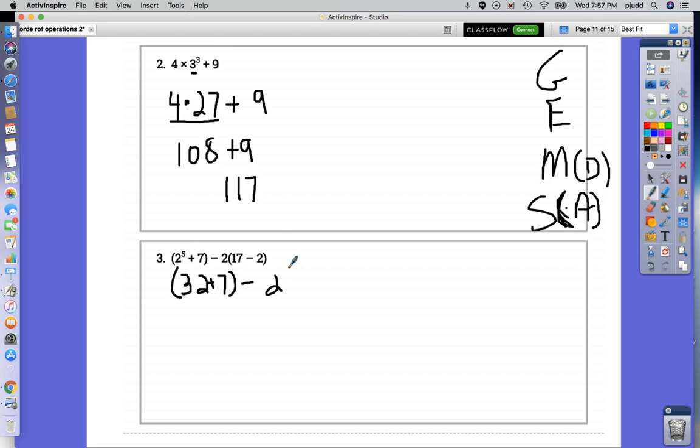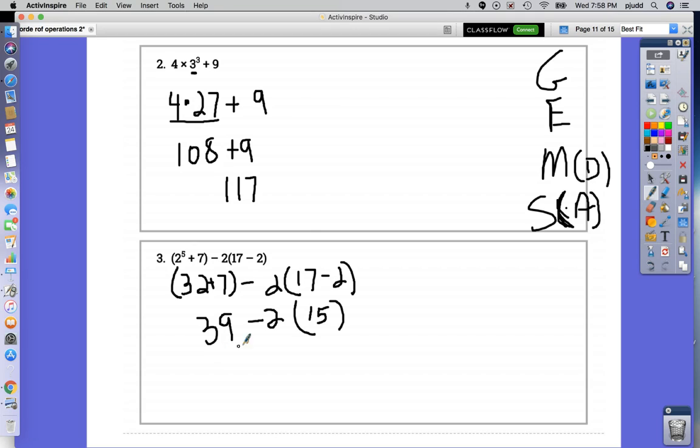Subtract 2 times 17, subtract 2. Well, 32 plus 7 is going to be 39. Subtract 17 subtract 2 is 15. Remember, this is now multiplication.